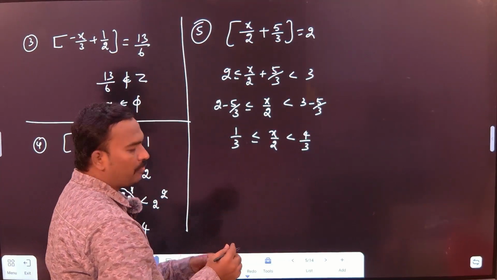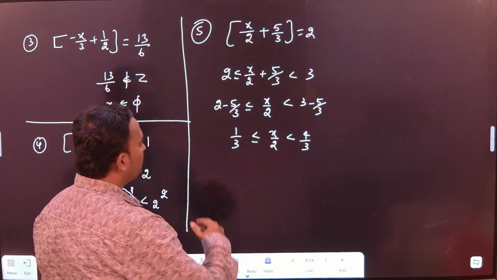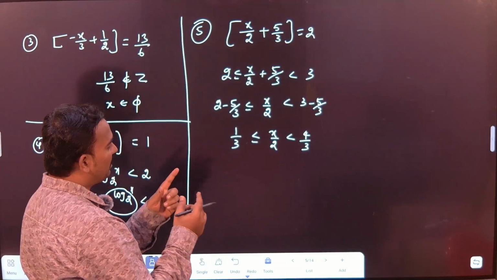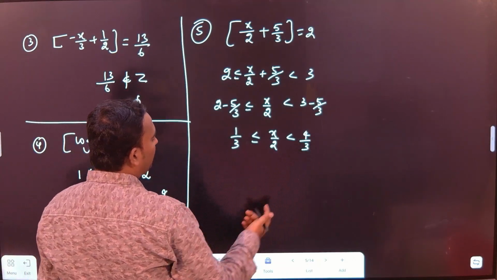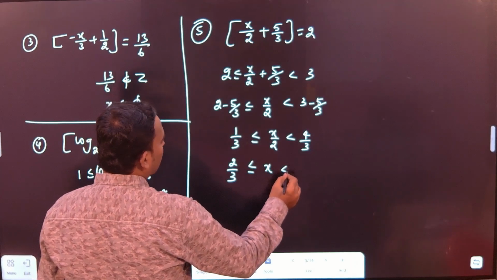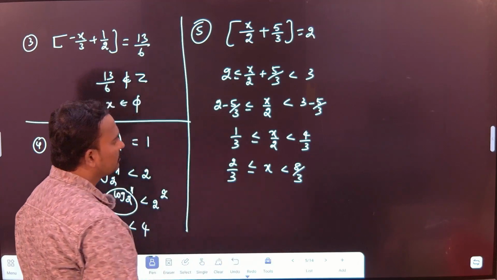So we need to find x. The disturbing part here is the 2. How to remove it? The fraction 1 by 2 is there, so you have to multiply by 2. 2 by 3 is less than or equal to x, less than 2 into 4, which is 8 by 3. That is your answer, right?